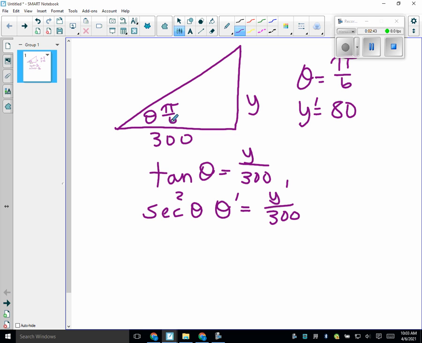This is 1, 2, and radical 3, right? So what is secant? When I plug in all those numbers, it's still going to reduce to this.